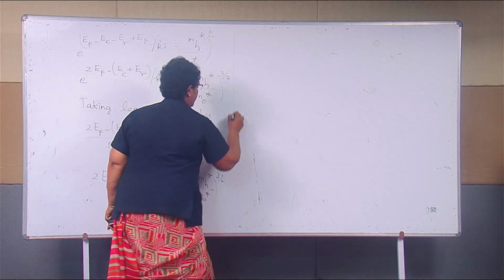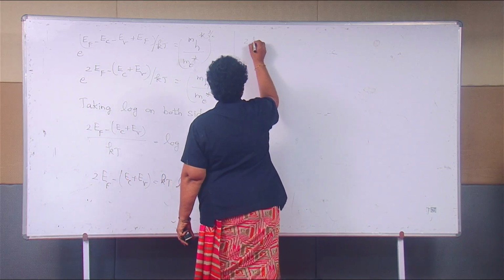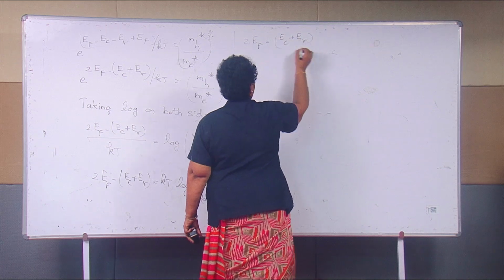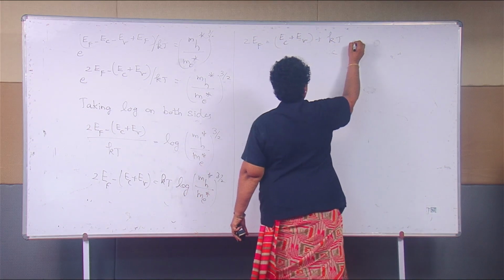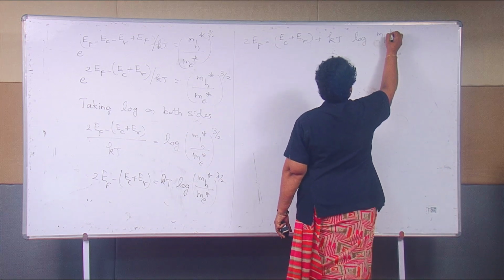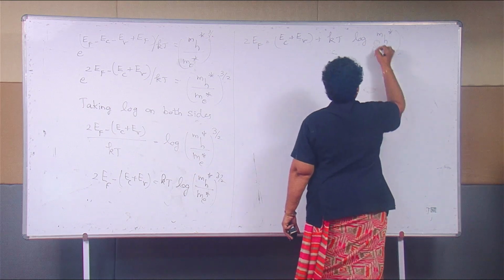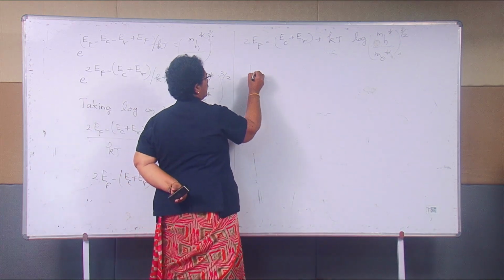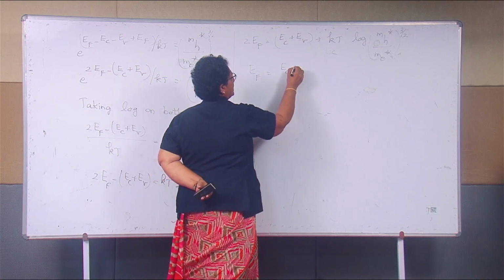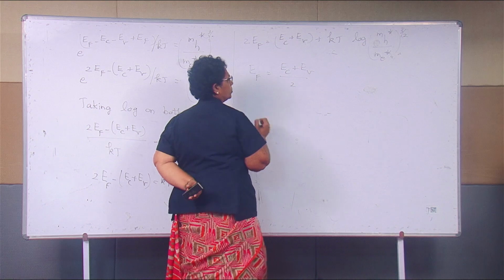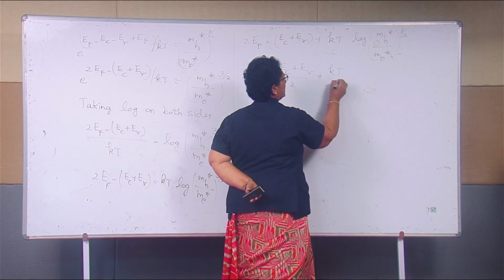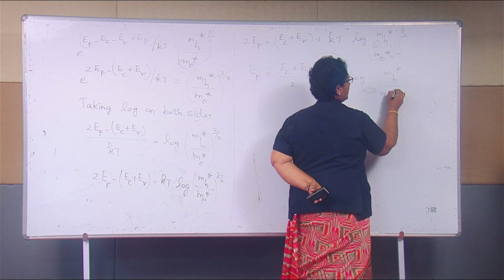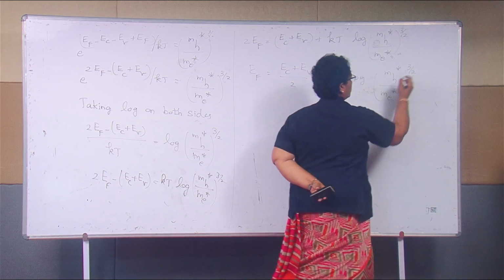So bringing all the other terms to the opposite side, 2EF is equal to EC plus EV plus KT into log of mh star by me star to the power 3 by 2. So now EF can be written as EC plus EV by 2 plus KT by 2 into log of mh star by me star to the power 3 by 2.